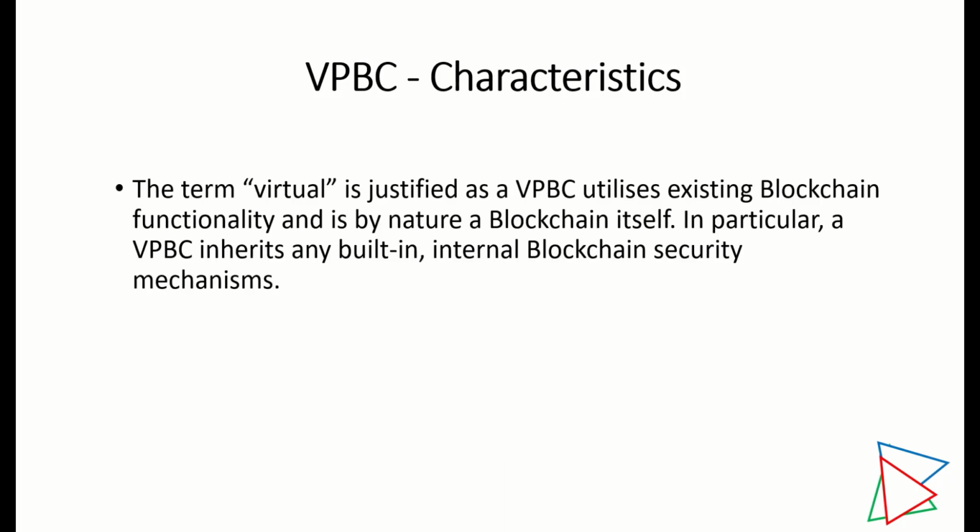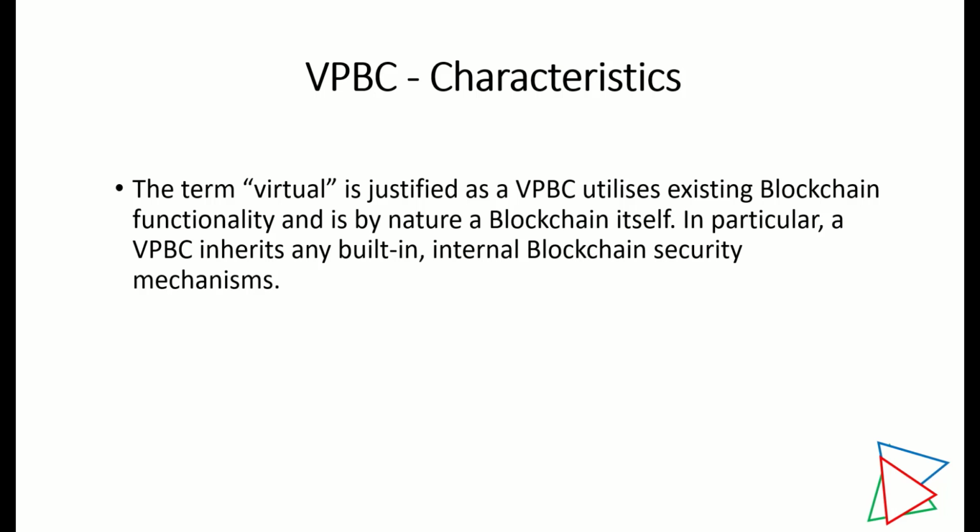The first thing to think about is the virtual nature of this VPBC. The term virtual is justified as a VPBC utilizes existing blockchain functionality. So the blockchains that this network will be interacting with will inherently pass on their own security, utilities and characteristics by virtue of interaction.